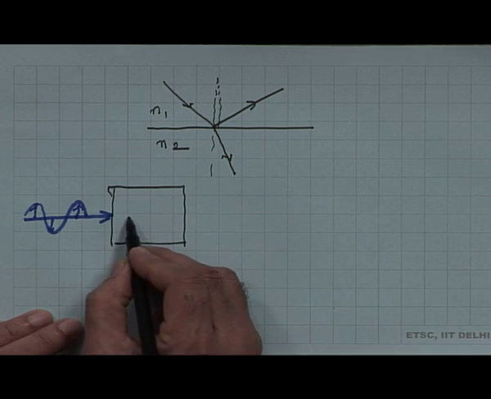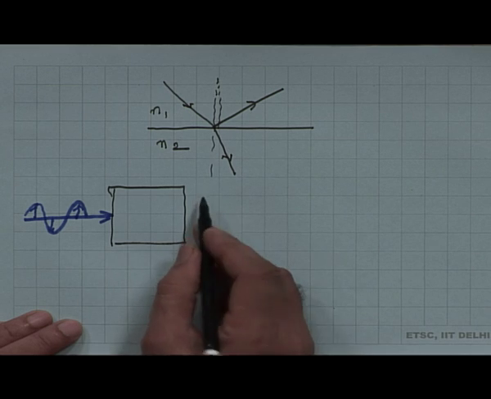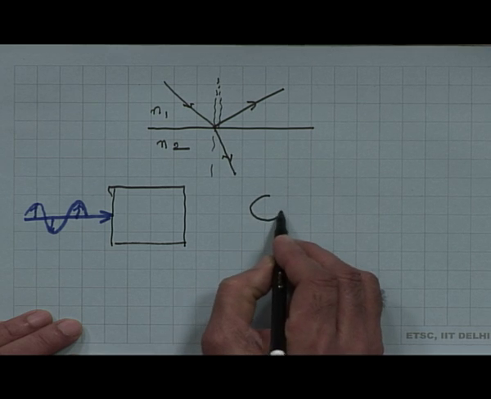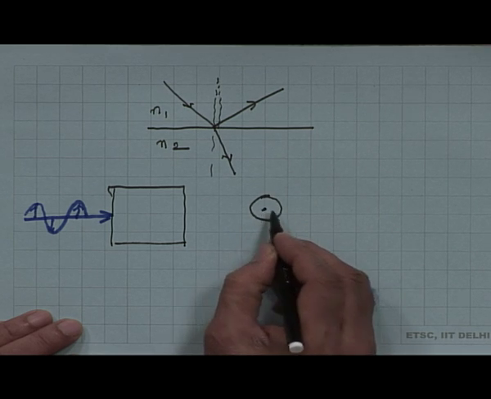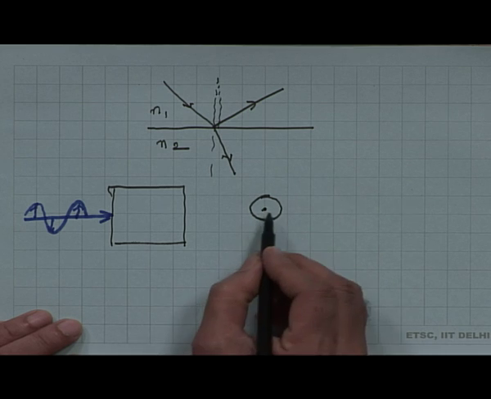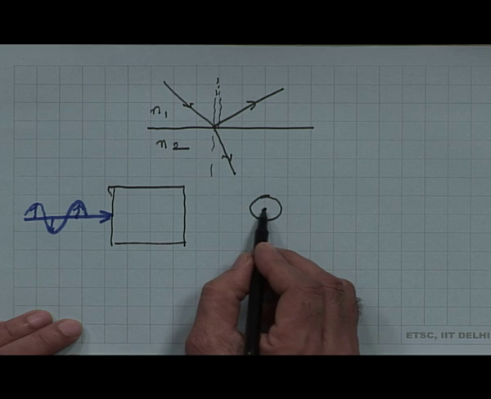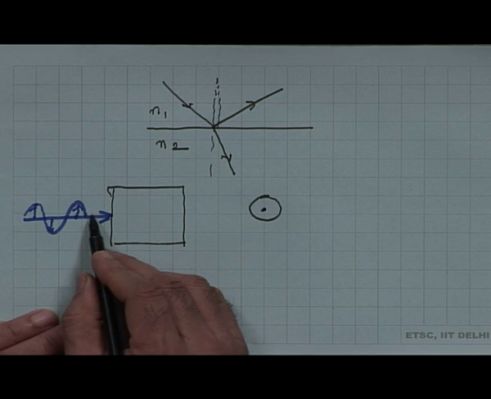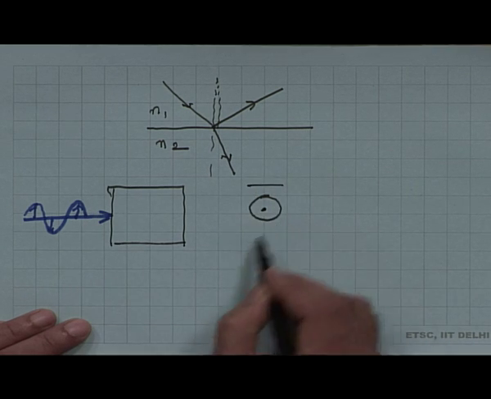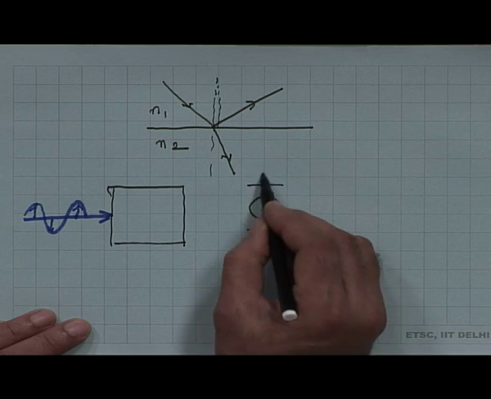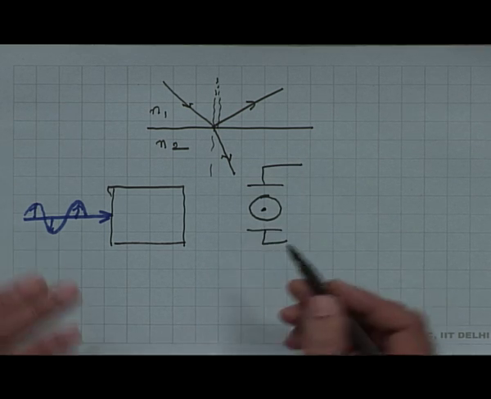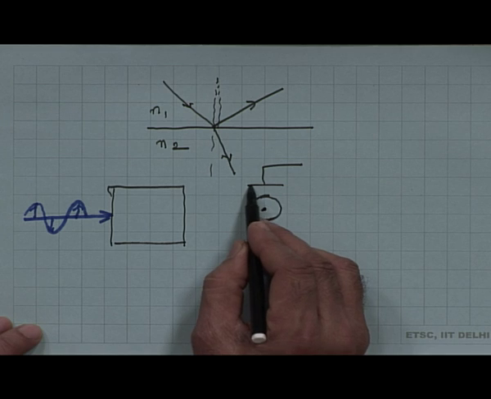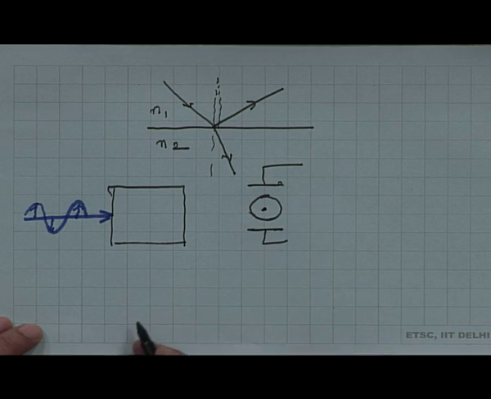If I look at individual atoms or molecules, when there is no electric field, the center of positive charge and the center of negative charge coincide at a point and the atom is neutral. Now, when there is an electric field, for example, if you apply an electric field, this is just a hypothetical situation, place one atom between two plates and apply an electric field.